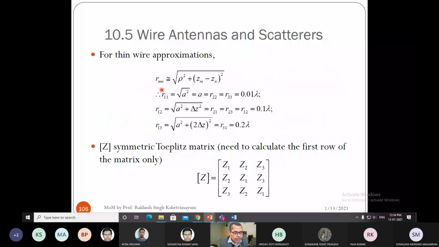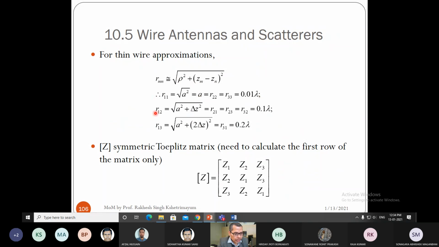For the thin wire approximation, Rmn is the square root of rho squared plus (Zm minus Zn) whole squared. Now if I have R11, then source and observation are at the same location. In that case, this will simply become a. A is 0.01 lambda. So I have the value of R11. What is R12?